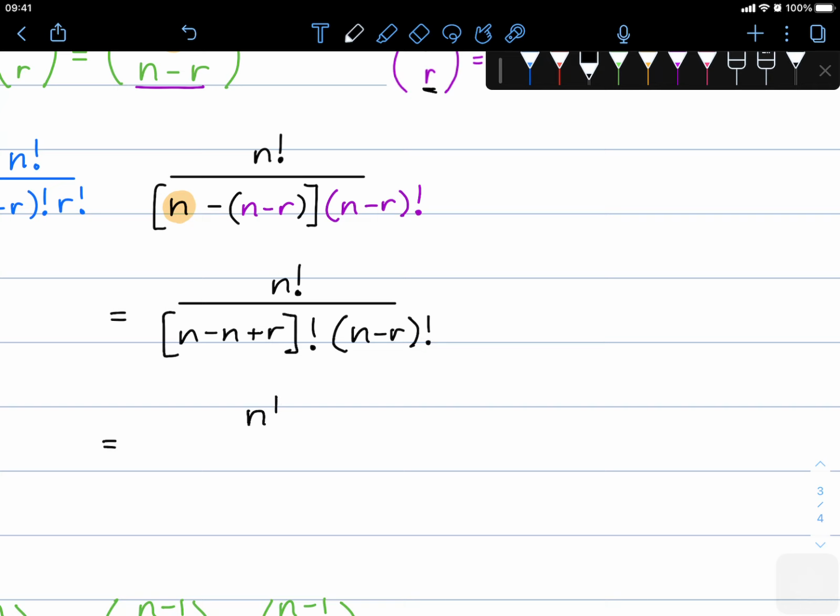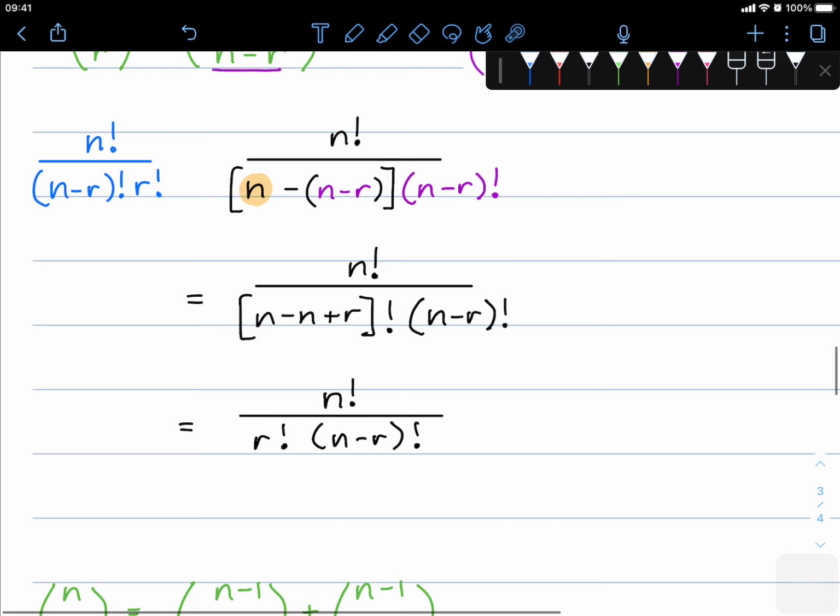Numerator doesn't seem to be changing anytime soon. Over n minus n is 0, leaving us with r. That's just r factorial, which we can just write as r factorial bracket n minus r factorial.